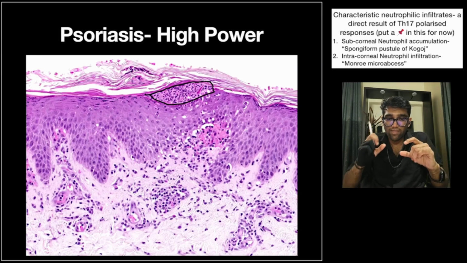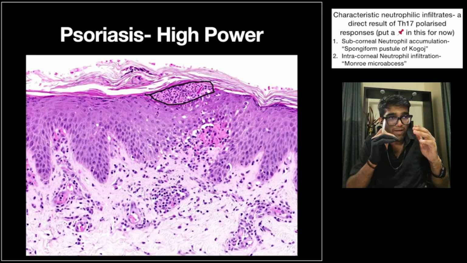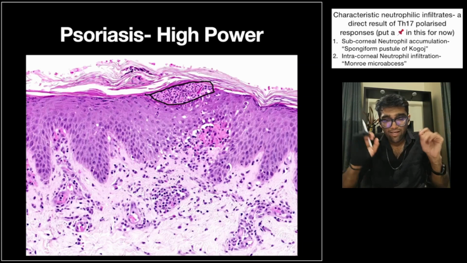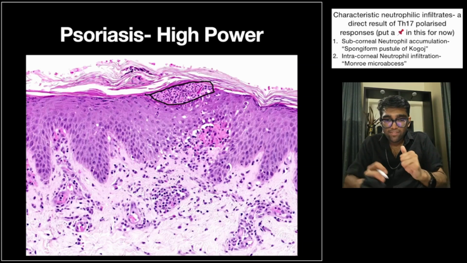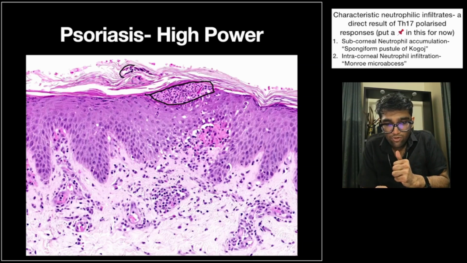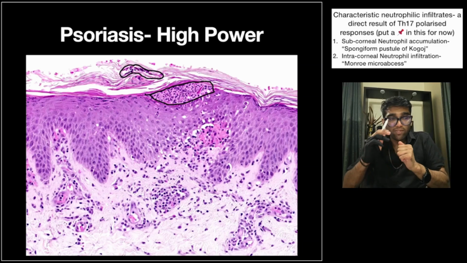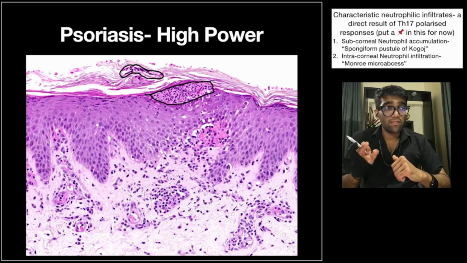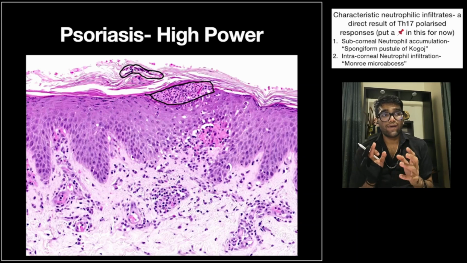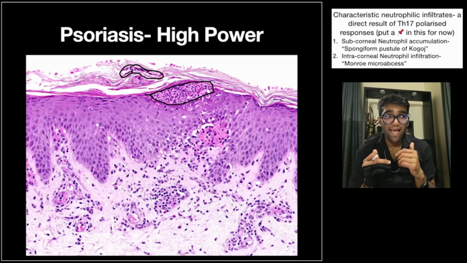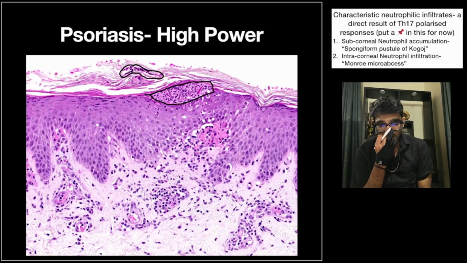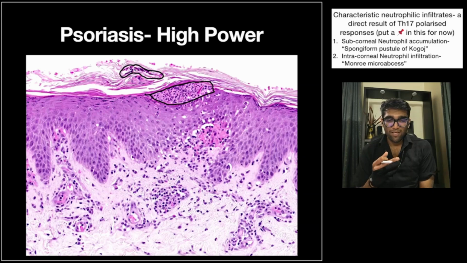So that pustule then gets pushed up and sandwiched between layers of the epidermis. This kind of accumulation of neutrophils within the two layers of the epidermis is technically not possible in normal skin. Why? Because the normal epidermis has no blood vessels, and neutrophils enter any tissue via the blood vessels. So that is naturally not to be expected.